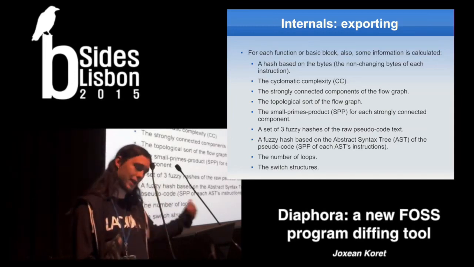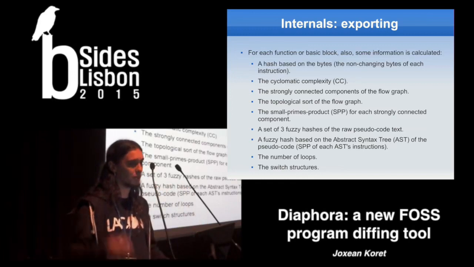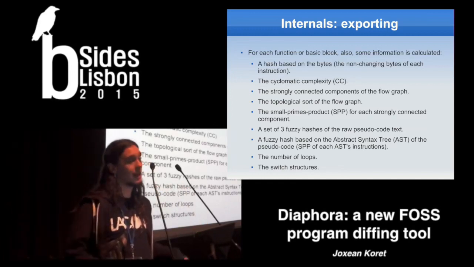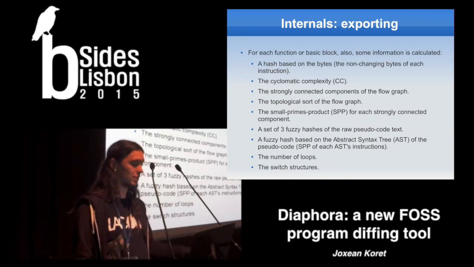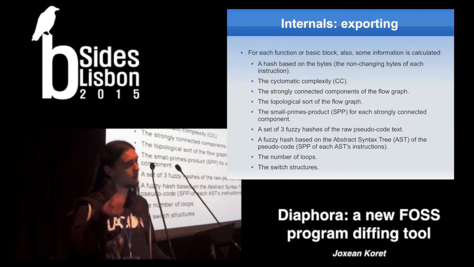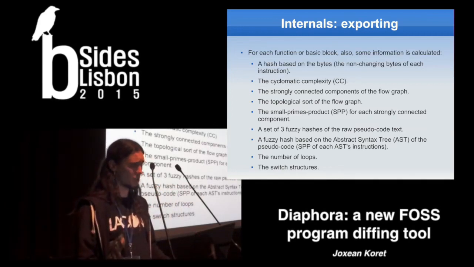Well, it is, again, another small primes product that I will explain later on. Also, I calculate the number of loops, and I extract all the switch structures, like all the values that are used in the switch, all the switch cases.